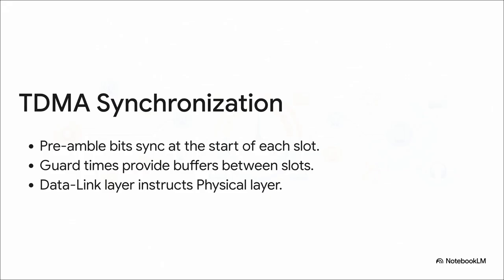So to fix this, engineers use preamble bits at the very start of each slot to help the receiver sync up. They also have to insert guard times, which are buffer periods between the slots to prevent overlapping if a signal happens to be slightly delayed. And finally, it requires incredibly strict logic. The data link layer has to precisely instruct the physical layer exactly when to open and close that transmission window.